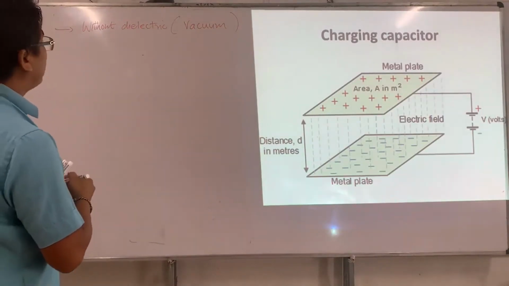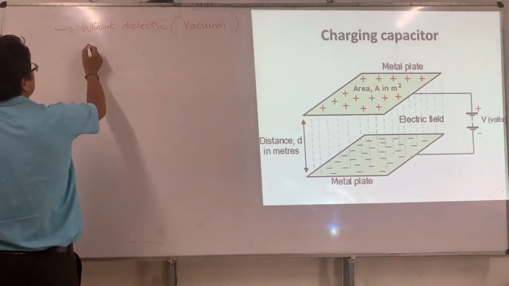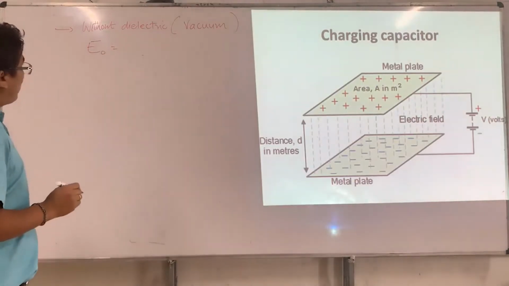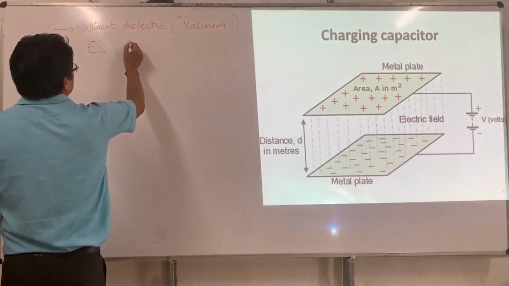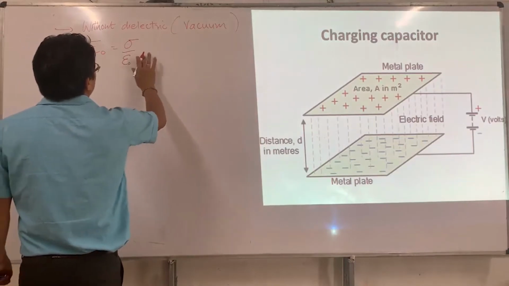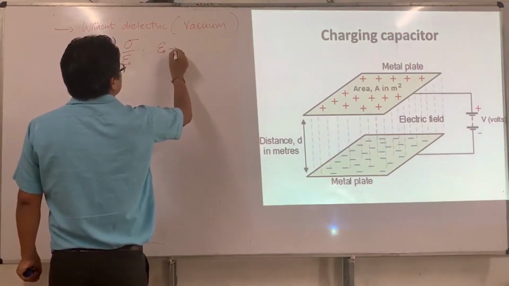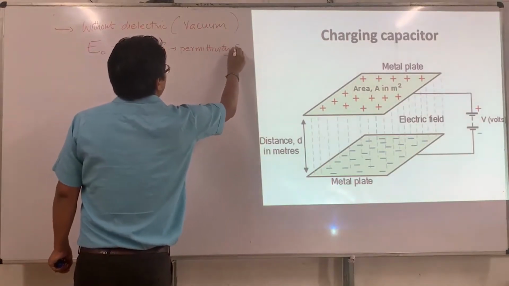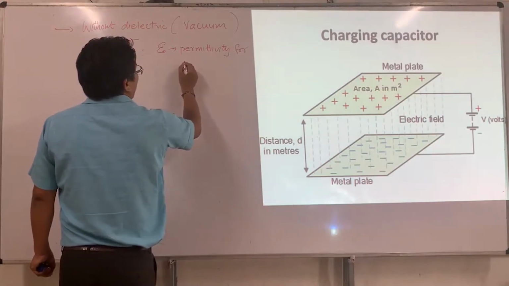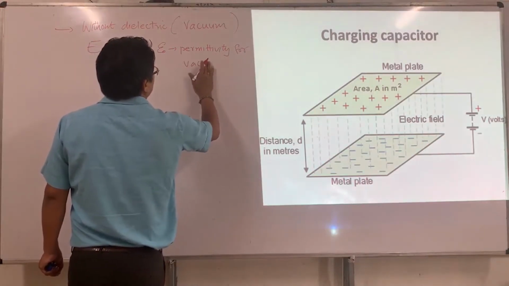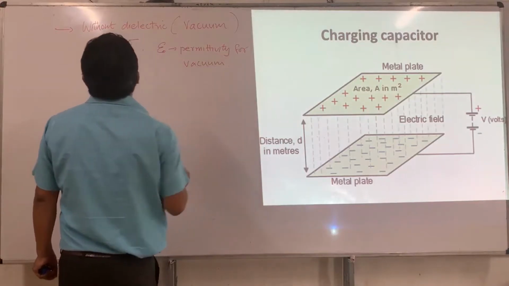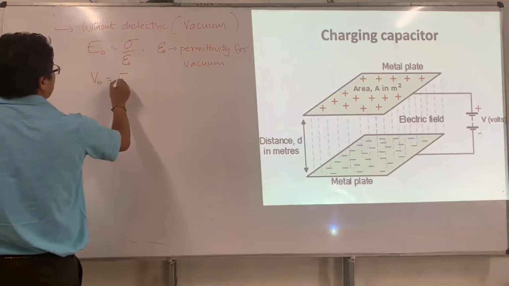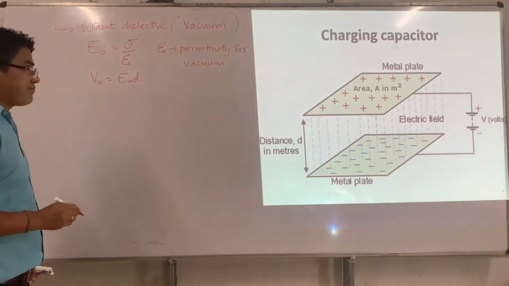Without dielectric, the electric field is going to be E naught, which is sigma by epsilon naught, where epsilon naught is the permittivity of free space or vacuum. Then the potential difference is going to be E naught d.